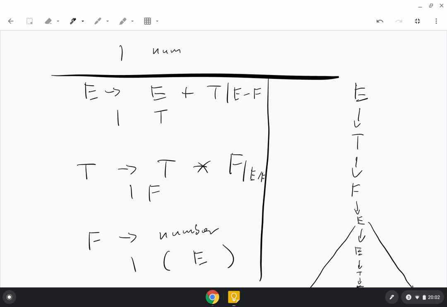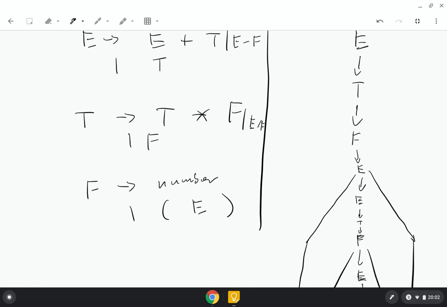Did you talk about it in lab at all? Yeah. So I think in lab they talked about the same thing, changing this grammar to respect order of operations. And mod is with division, right? Mod is the same precedence as division. That's right.